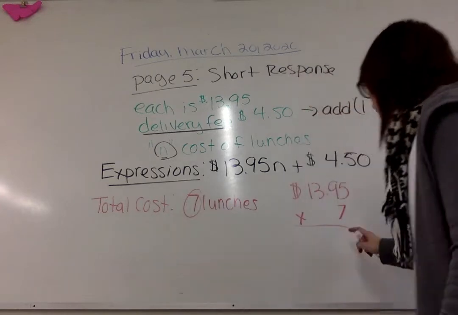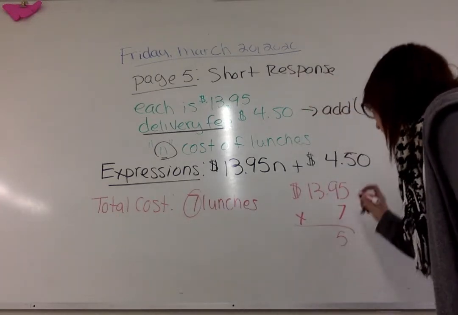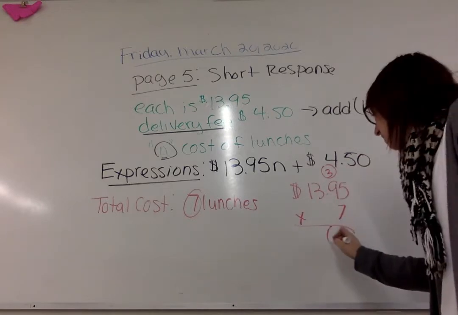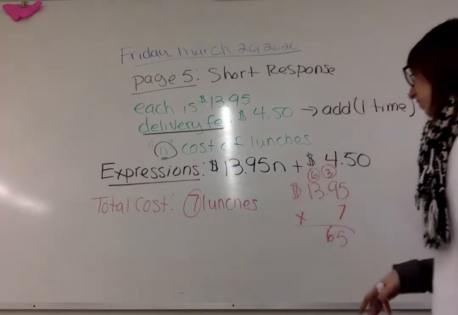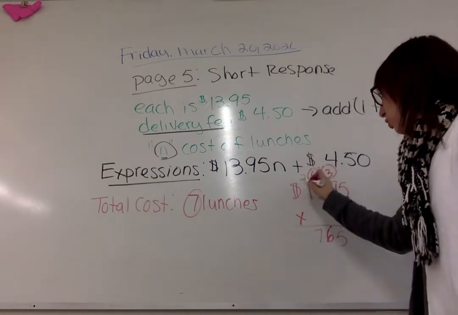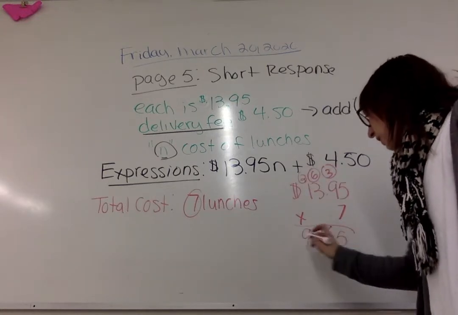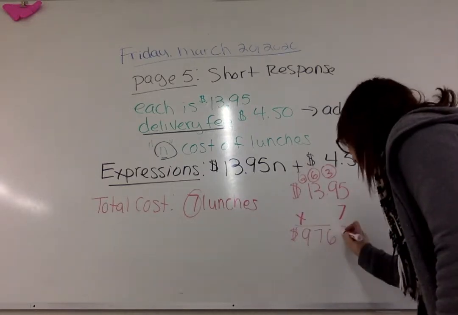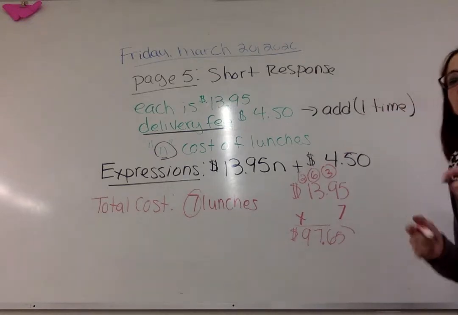So now 7 times 5 is 35. I carry the 3. This gives me 63 plus 3 is 66. Carry the 6. 7 times 3 is 21 plus 6 is 27. Carry the 2. So now, ladies and gentlemen, we now arrive at $97.65 is the cost for 7 lunches.